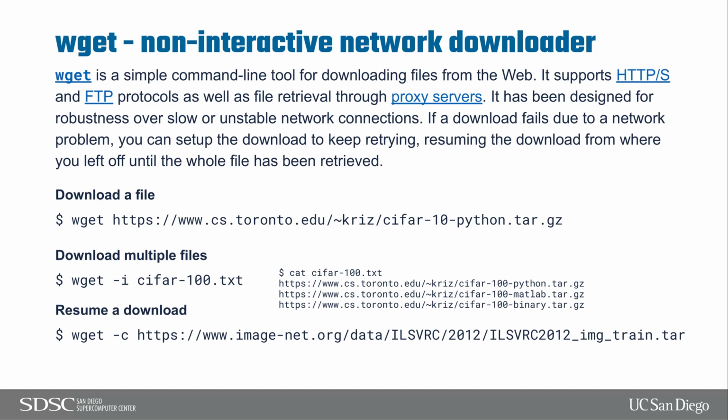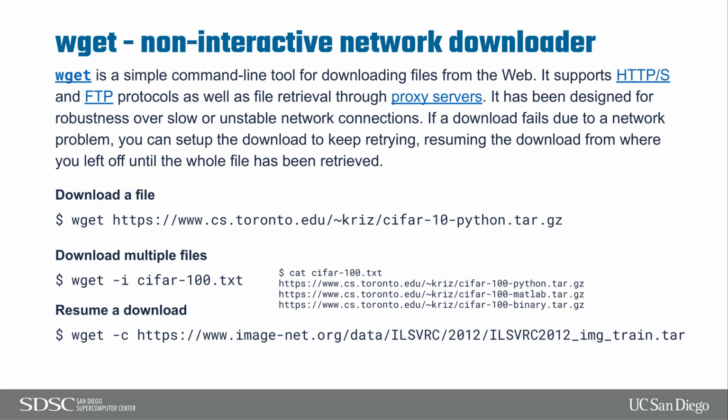The one thing to keep in mind about wget is that it's what we would call a single stream download. So it's not a multi-threaded application. It is limited to a single CPU core or single network connection download.